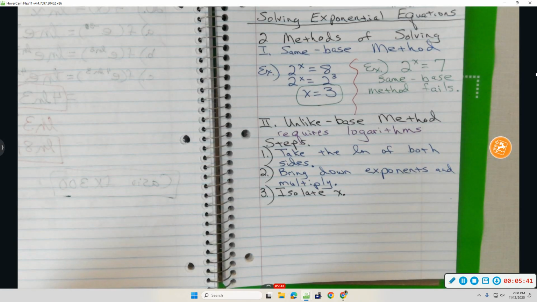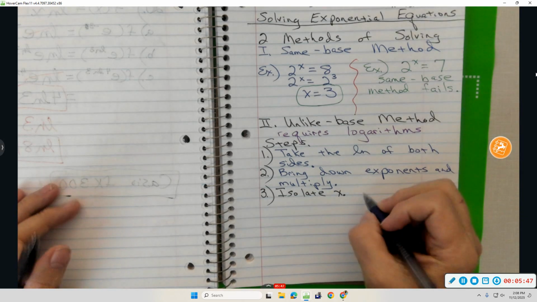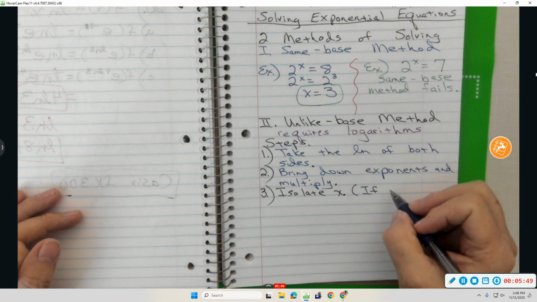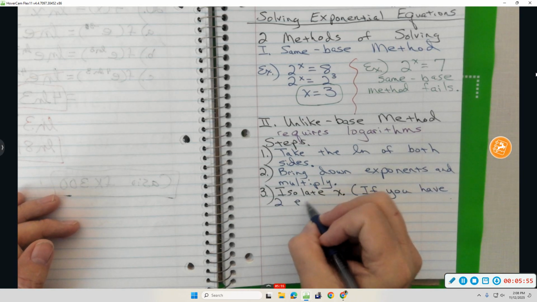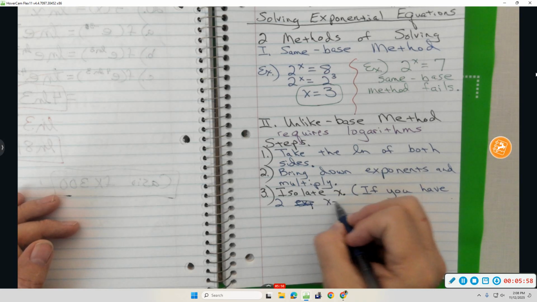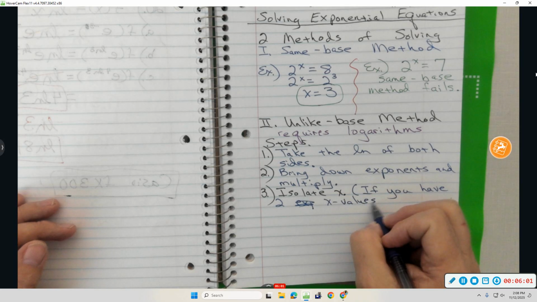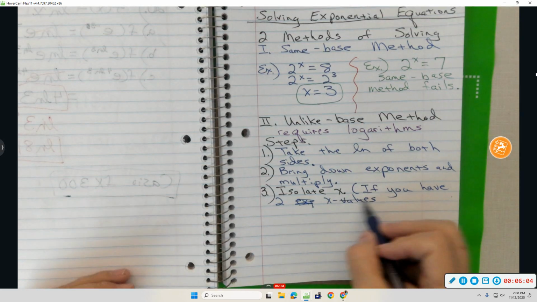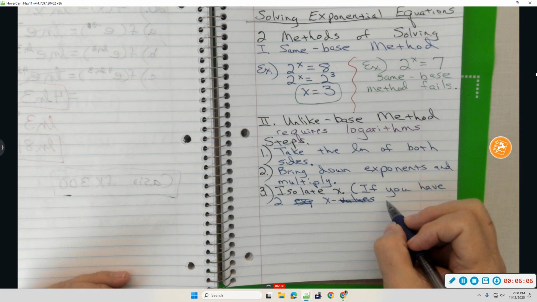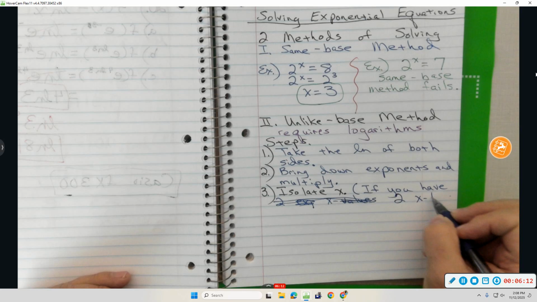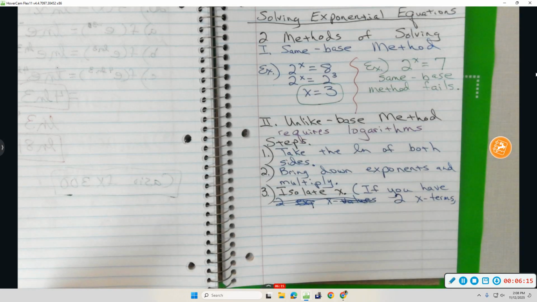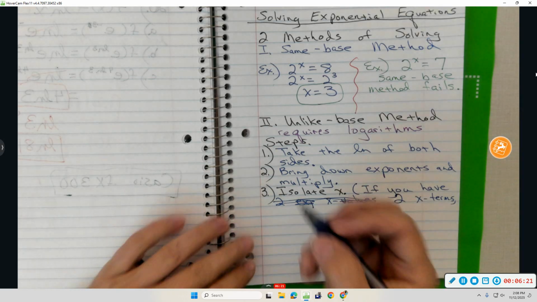And that's simple enough, but if you have two x terms, collect them on the same side of the equation and factor out x.